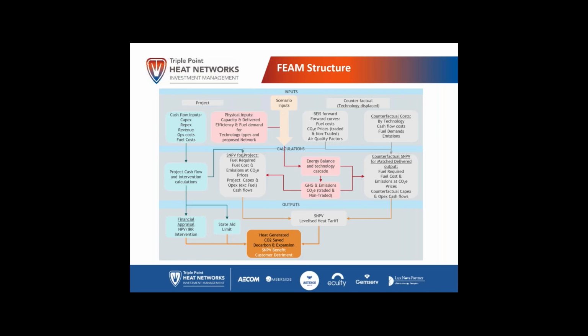So you provide us with pretty much all of the data for your scheme. You provide cash flow inputs, capex, repex, revenue, operating costs, fuel costs, obviously the key ones, as well as some of the technical physical inputs in relation to capacities and efficiencies and fuel use. That works its way down in terms of calculating the intervention sum through the cash flow analysis and the internal rate of return calculation, and it generates some of the other metrics.